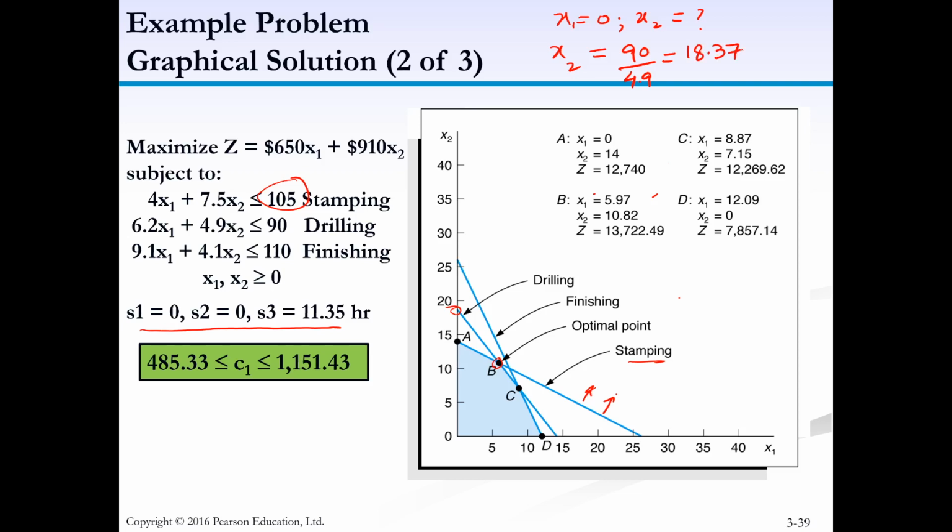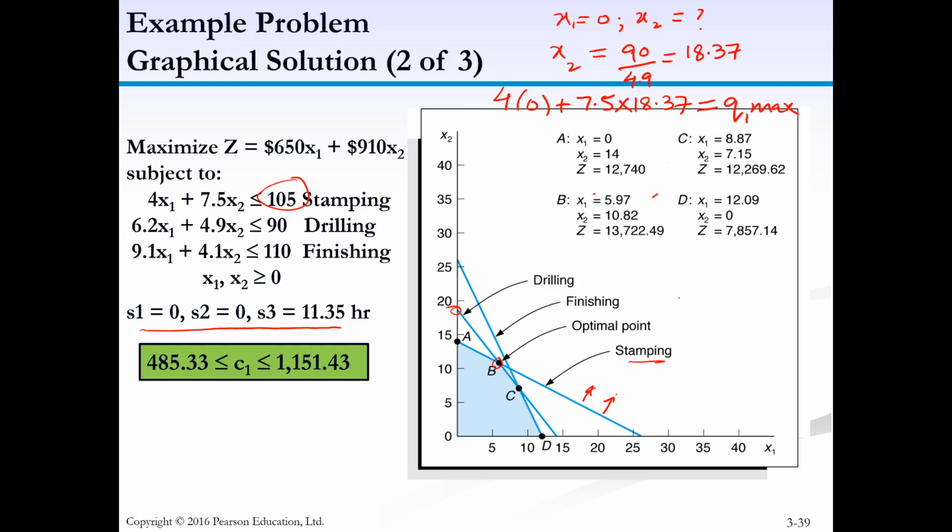All right, and now we just plug this value into the first constraint, the stamping constraint. So we have 4 into 0, x1 is equal to 0, plus 7.5 into x2, which is 18.37, and this will give us Q1 maximum. So Q1 maximum is 18.37 multiplied by 7.5.